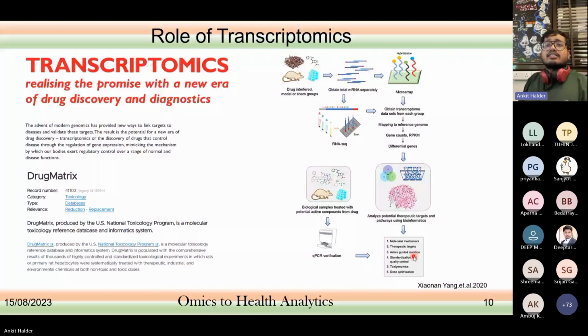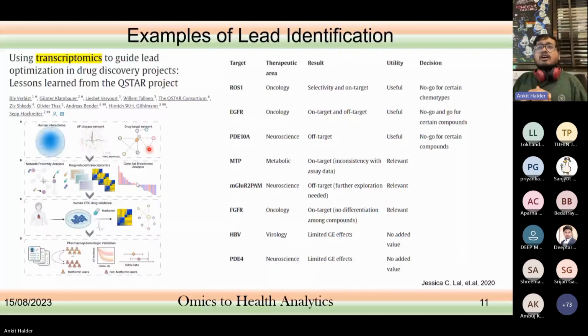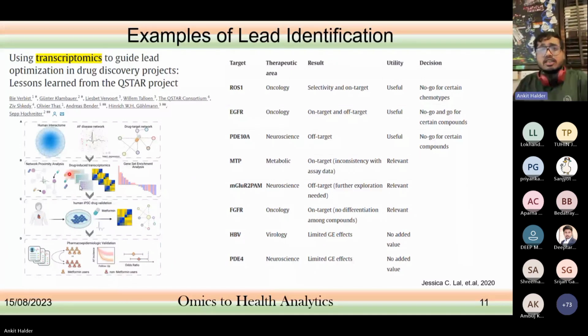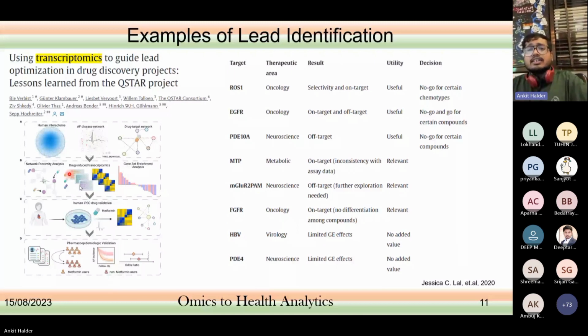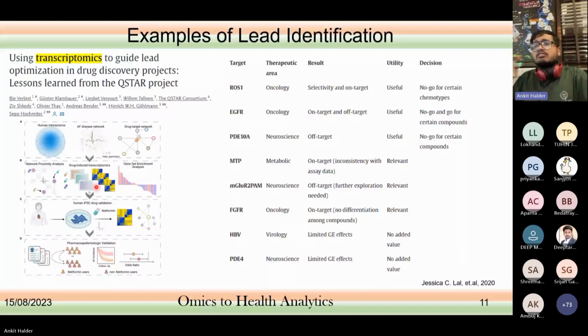Here are some examples of how transcriptomics studies have led to identifying lead optimization in drug discovery studies. This is one of the examples. As I mentioned, after inducing the drugs, you can do the transcriptomics and try to find out those ratios.